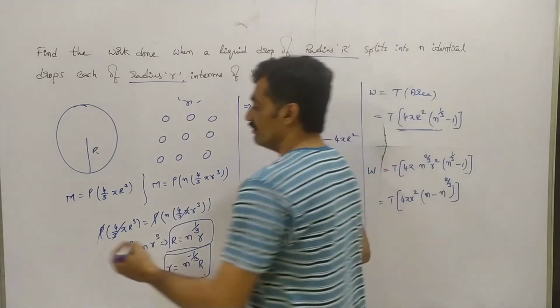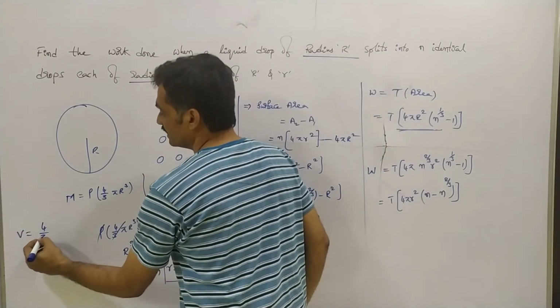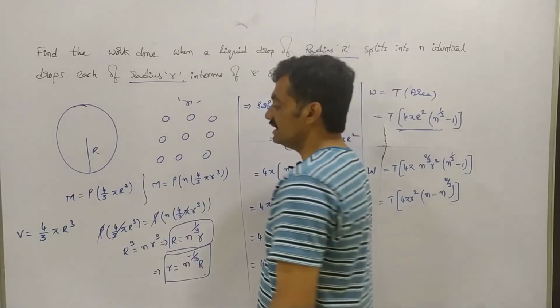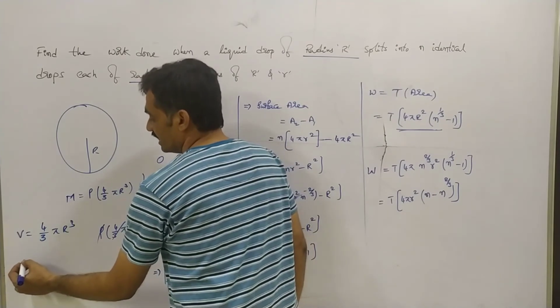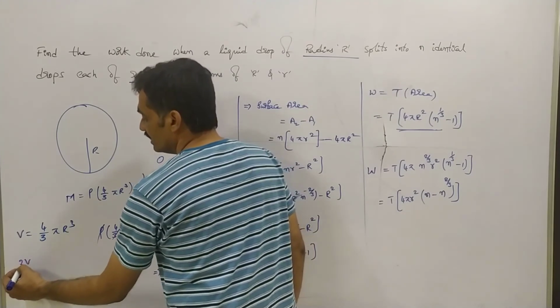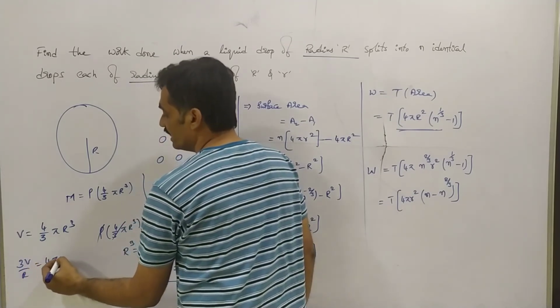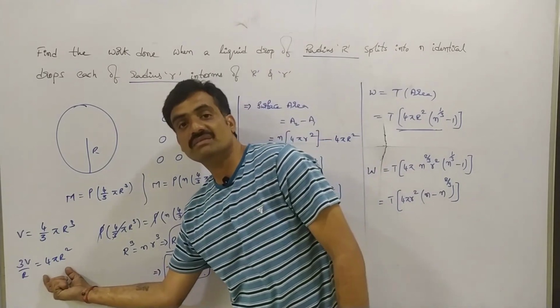Observe that volume is given as V equals 4 by 3 pi r cube, whereas we can represent this expression in terms of area. We know that 3V by r is equal to 4 pi r square, which is nothing but area.